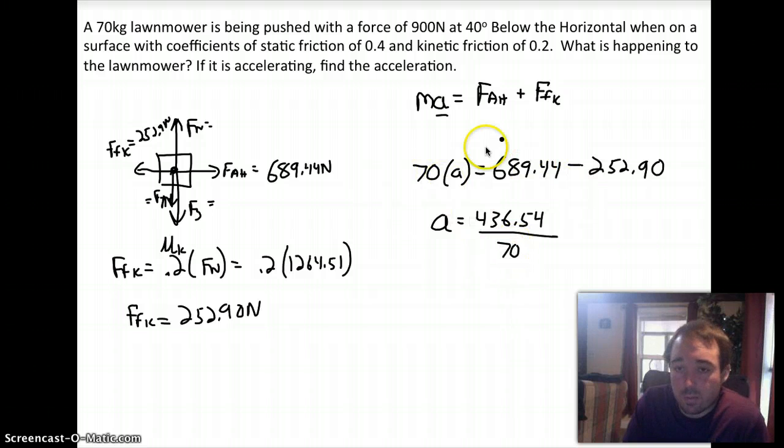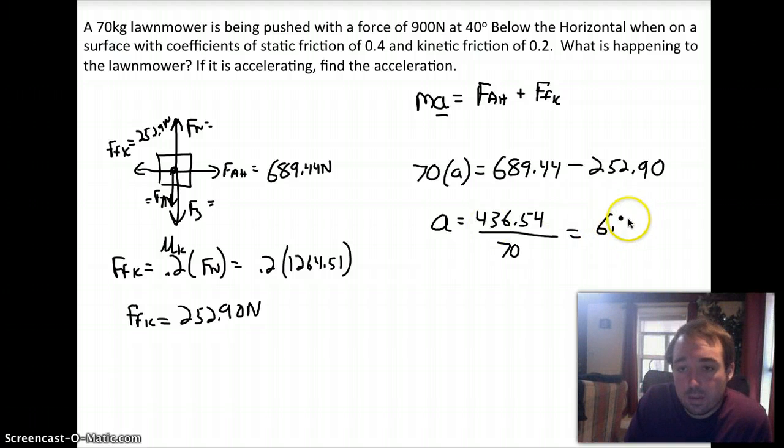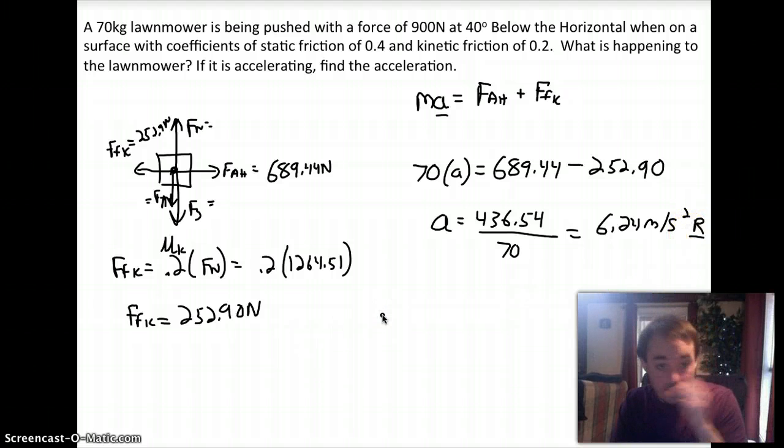So I kind of did two steps in one. First I subtracted those two, that's 436.54, then divided by 70 to get an acceleration of 6.24 meters per second squared. As I drew it, we're going more right, so I would say to the right because we need that direction.